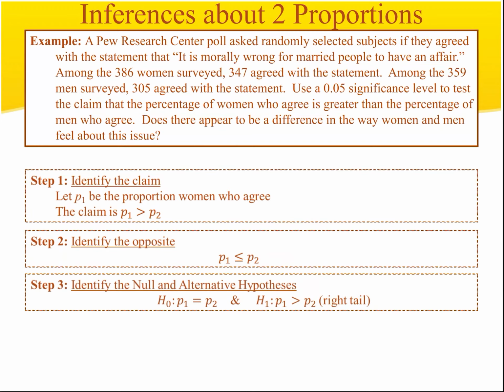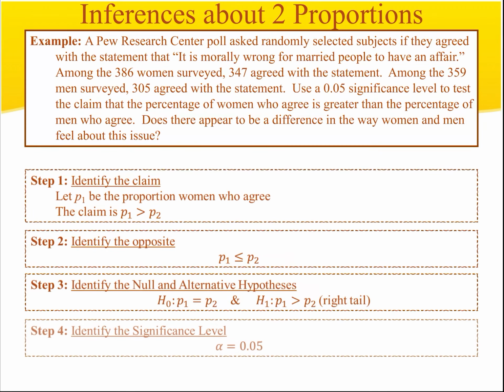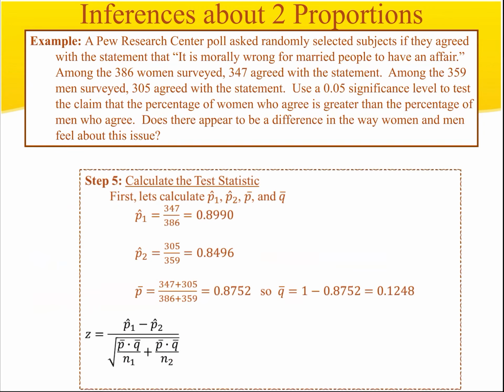That would be the more reasonable one for this assumptions about our test statistic. And then the alternative hypothesis is definitely P1 is greater than P2. Since this has a greater than symbol, it's a right-tailed test. Okay, and the significance level is 0.05.